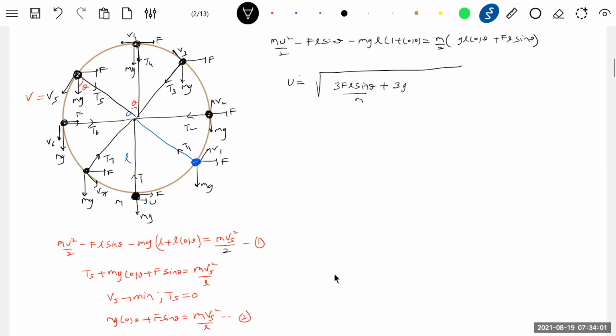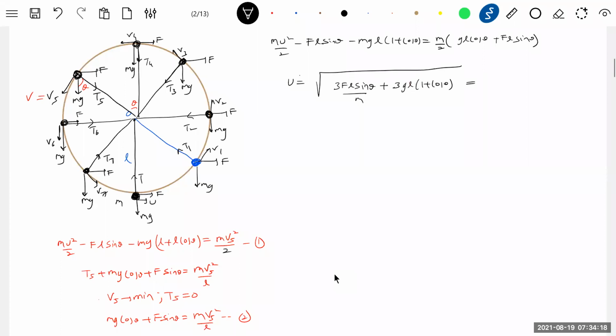This will be 3GL cos theta. Anybody just confirm if I'm right. 3FL sin theta will come.